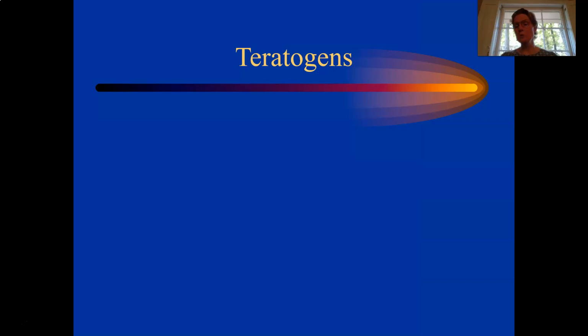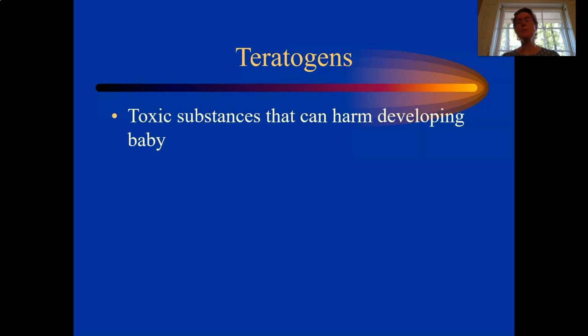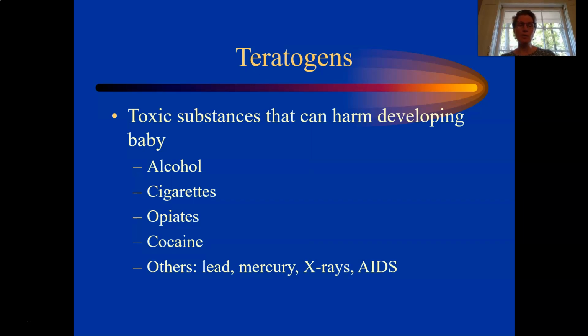All right, what are teratogens? These are substances that can harm the baby. And there's a bunch of these, but we're mostly going to talk about drugs. And then I'll also mention lead and mercury and x-rays and things like that.